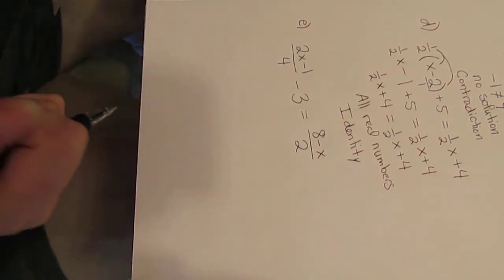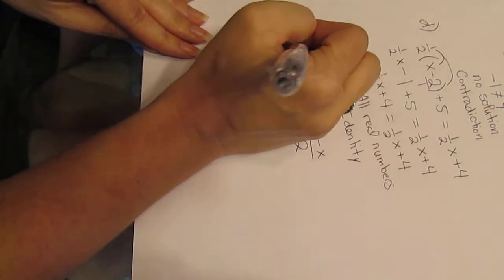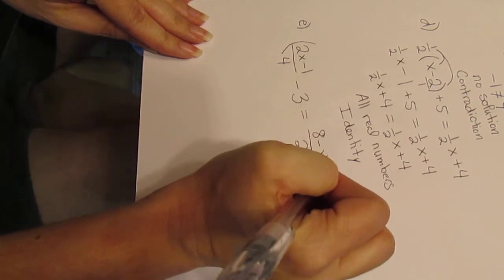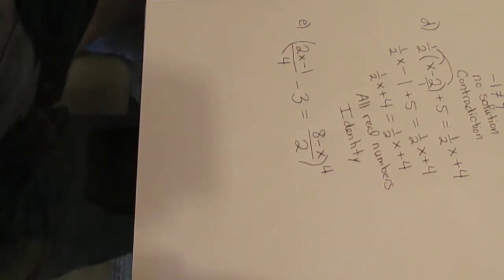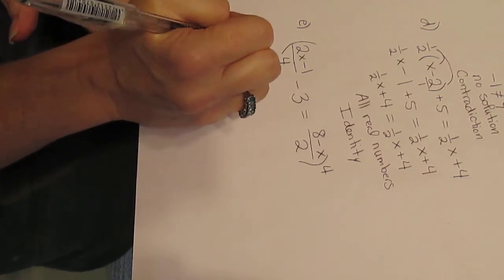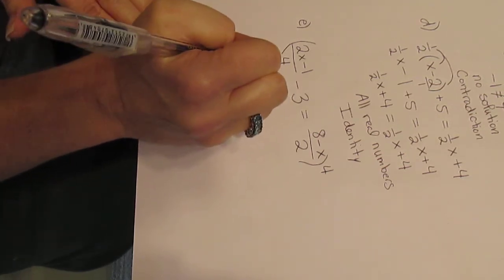Both 4 and 2 go into 4. So I'm going to multiply the whole equation by 4. And let me show it out in steps. So I'm going to multiply 4 times each term.